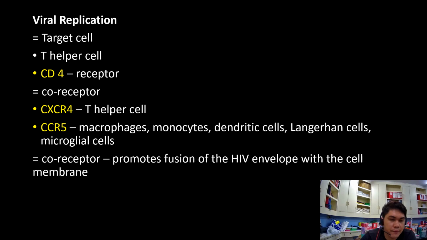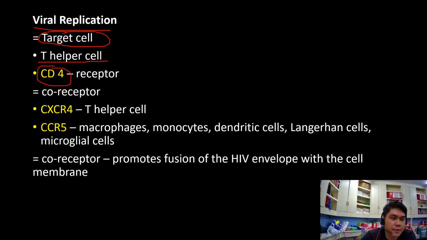Next is the viral replication of HIV, human immunodeficiency virus. For viral replication, first is the target cell. The target cells of HIV are cells containing CD4, for example your T helper cell.